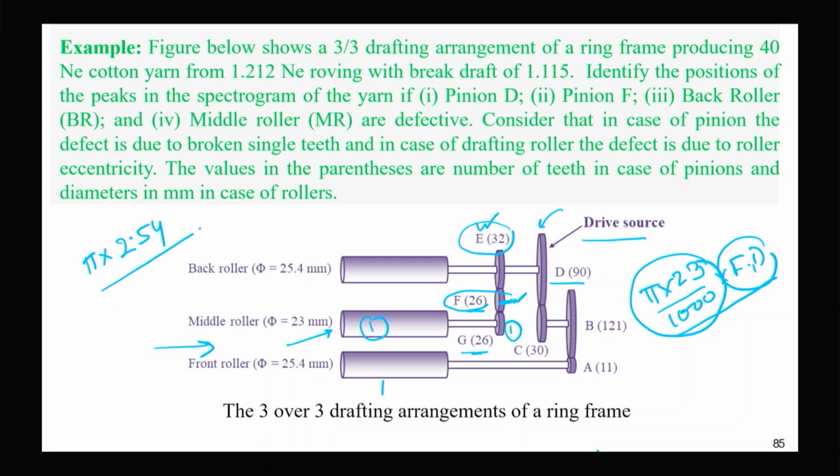If we convert it to meter by dividing by 1000, we then have to multiply by the total draft, because after the total draft the yarn is produced.